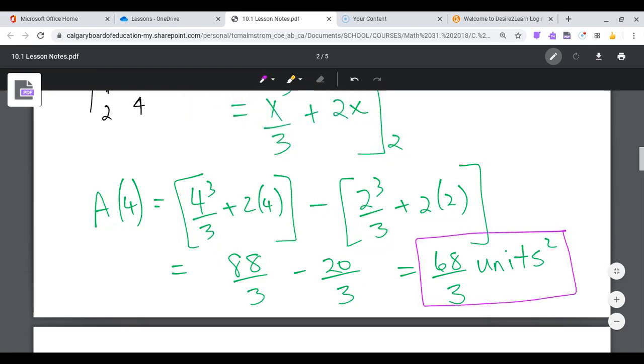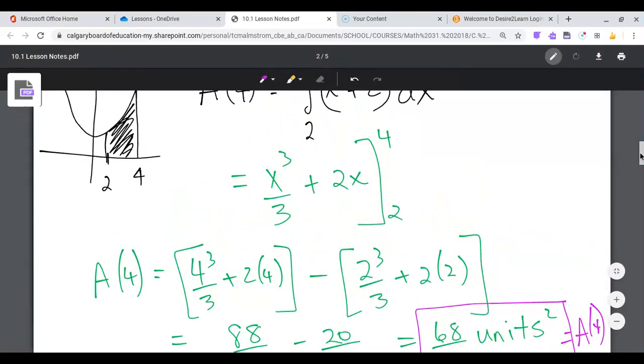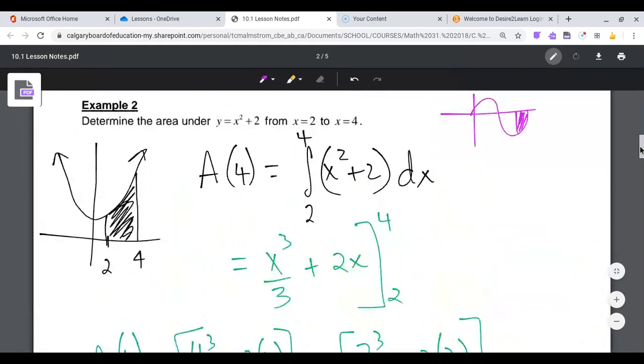So this is equivalent to this notation of A of 4 is equal to 68 on 3 units squared. So the difference between a definite integral and an area question is just in the notation. We have this extra little piece to include, and then we have units at the end.